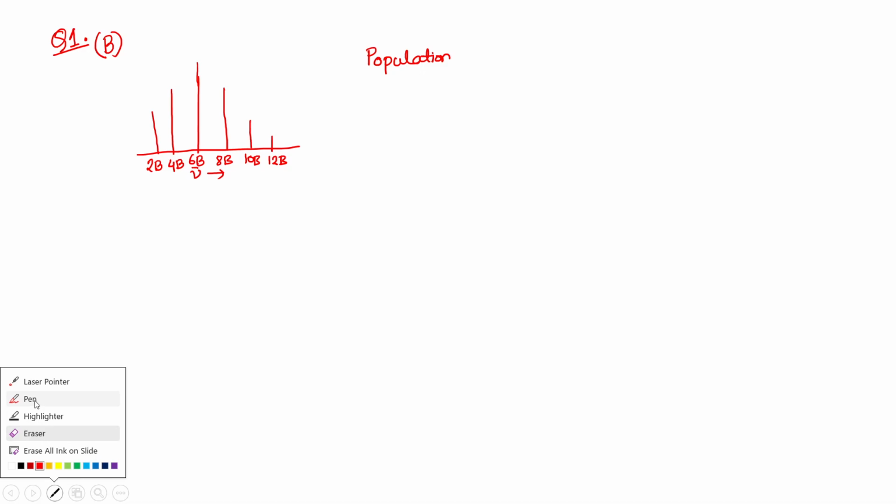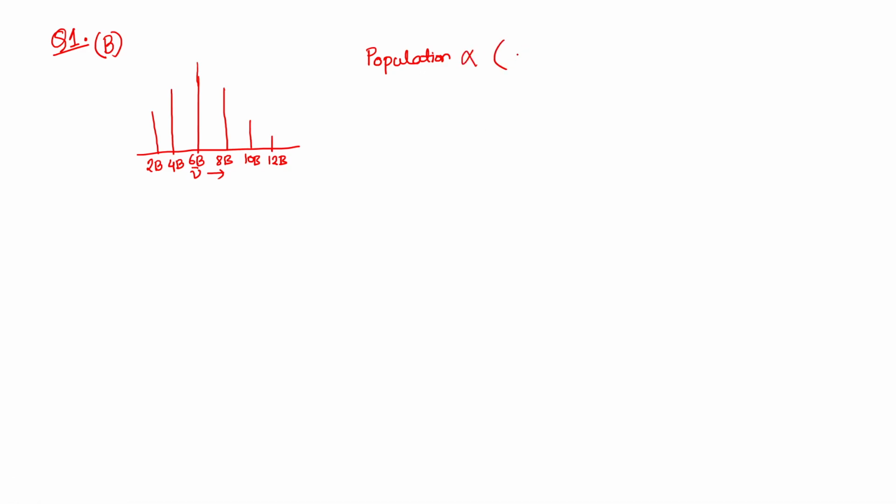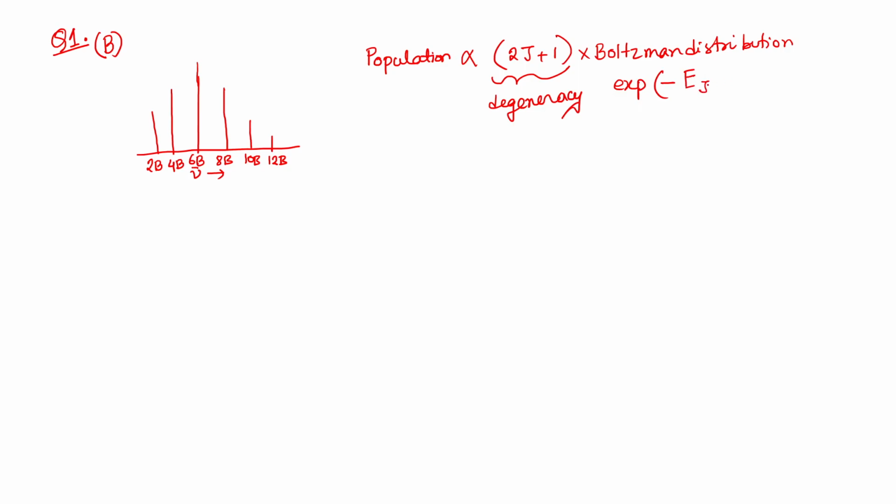One is your degeneracy factor, and another is the Boltzmann distribution, which is given by exponential minus E j of that state by kBT.